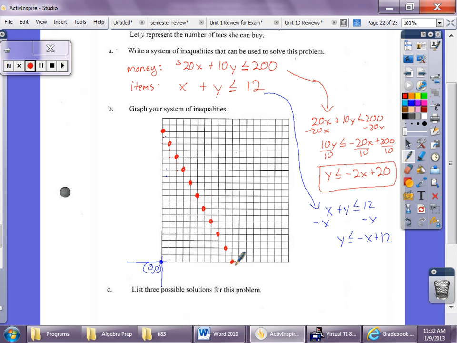And then the second one is y equals negative x plus 12. So I can do this one in blue. So now we start at 12. 5, 6, 7, 8, 9, 10. So here's 12. Negative x is down 1, right 1.